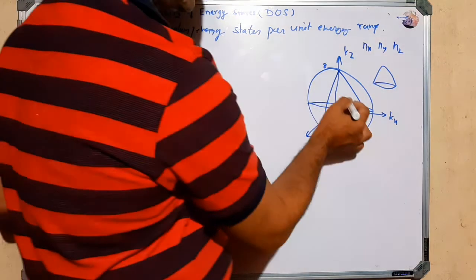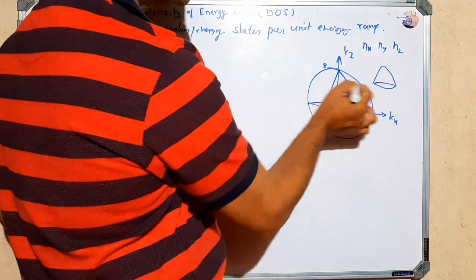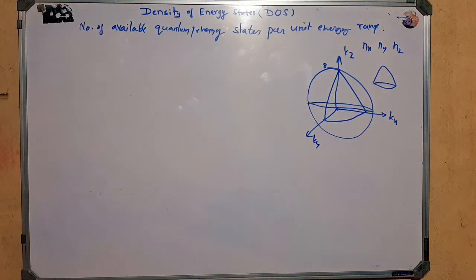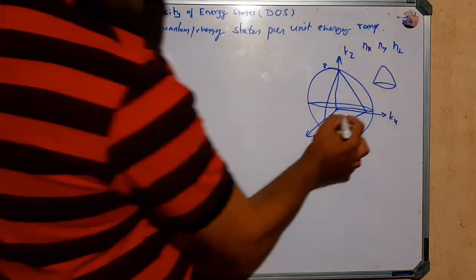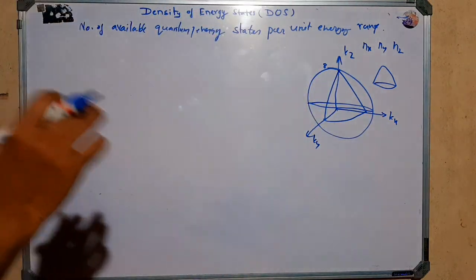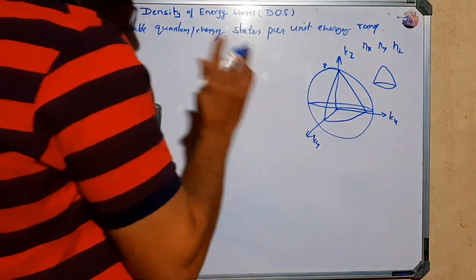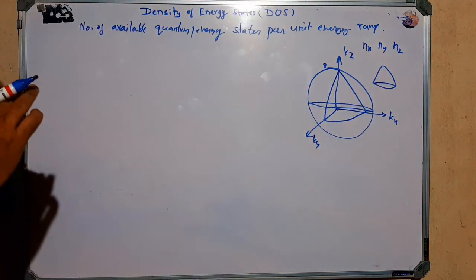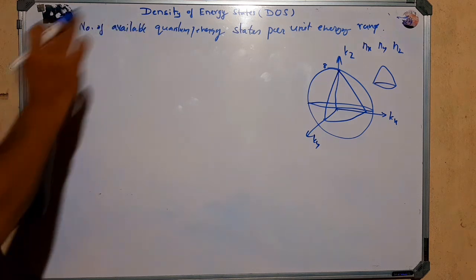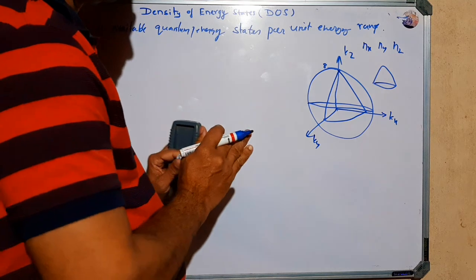In this octant, all 3 quantum numbers have positive values. So here nx, ny and nz are positive integers only in this octant. Therefore, in my discussion, to calculate the density of energy state, I am considering this octant.